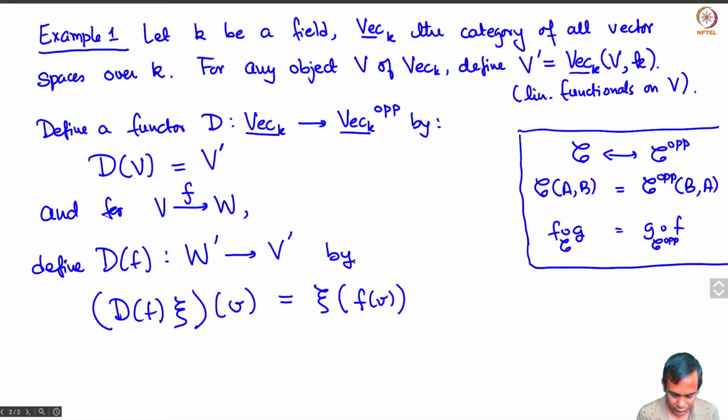So that's the definition of Df from W prime to V prime. And now we need to check that this is a functor. So let's check the axioms.